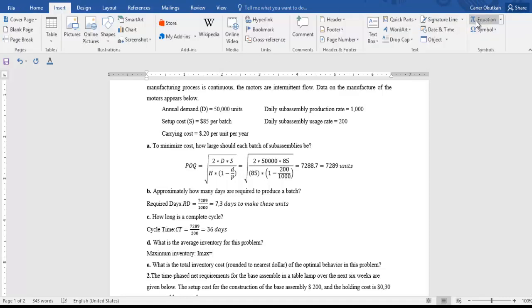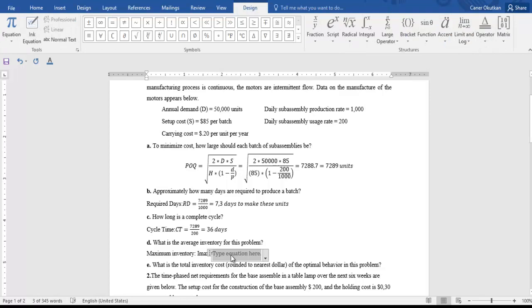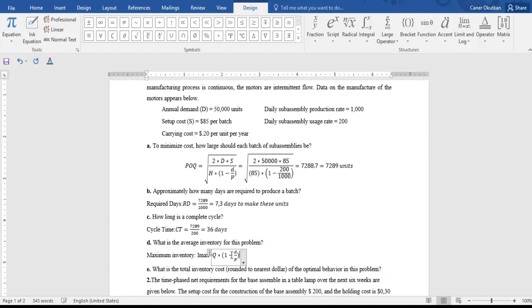Insert the equation. What is the I max formula? Q multiplied by 1 minus demand divided by production rate, equals.